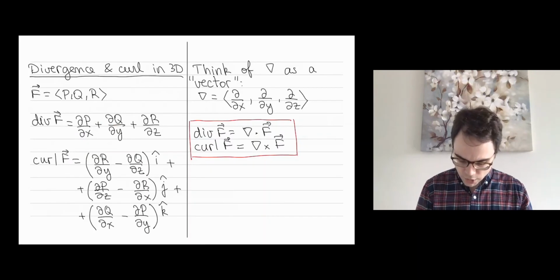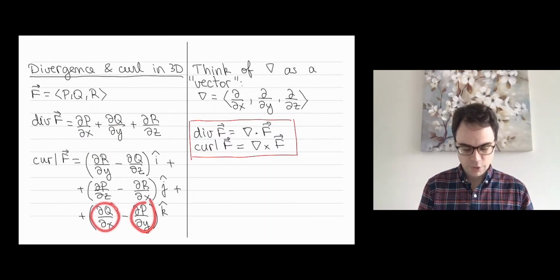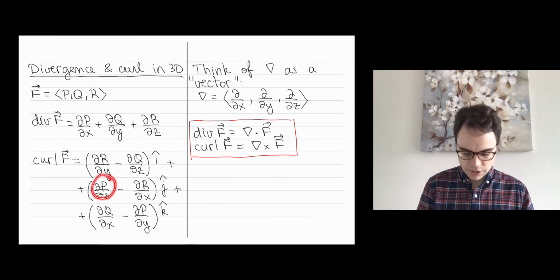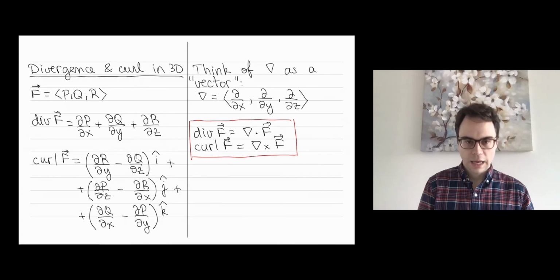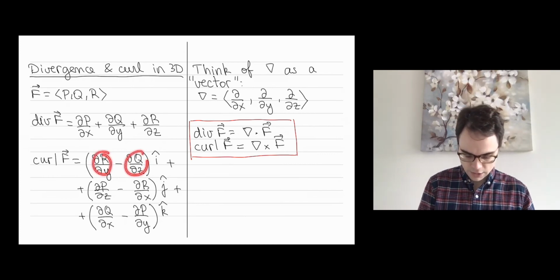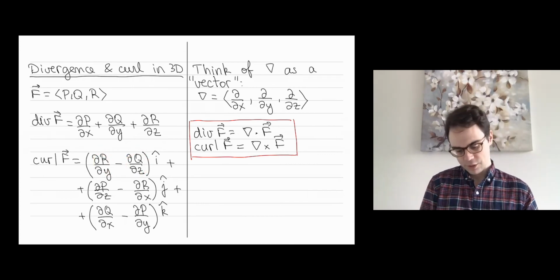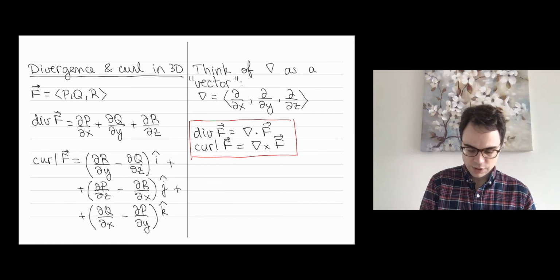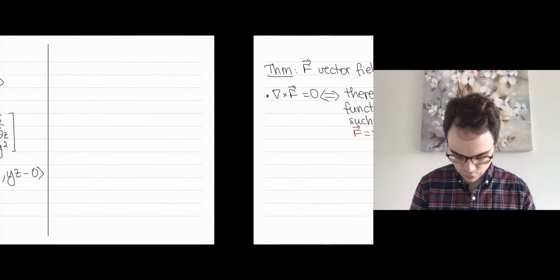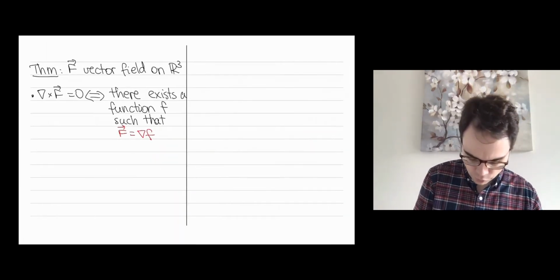The equations were that q sub x had to be equal to p sub y, p sub z had to be equal to r sub x, and that r sub y had to be equal to q sub z, right? So saying the curl is 0 is saying that those three equations are true. So the first part is not new.